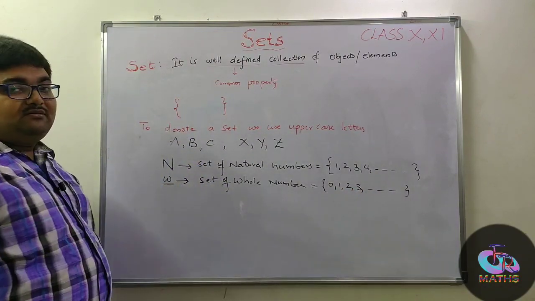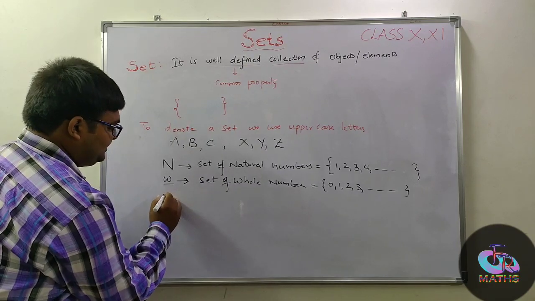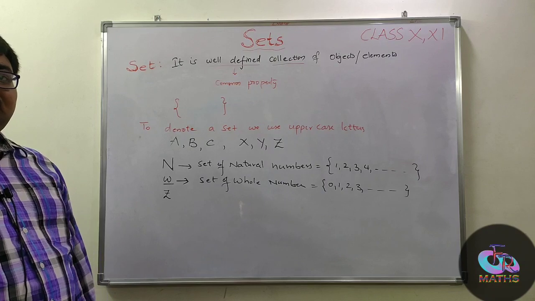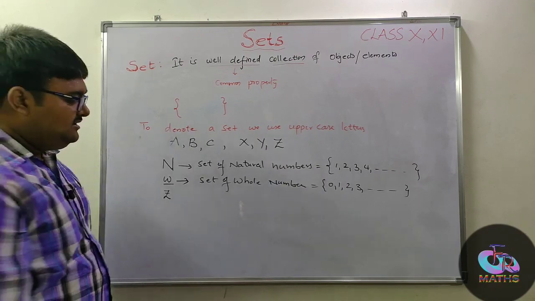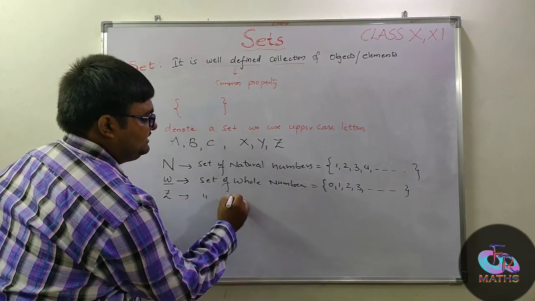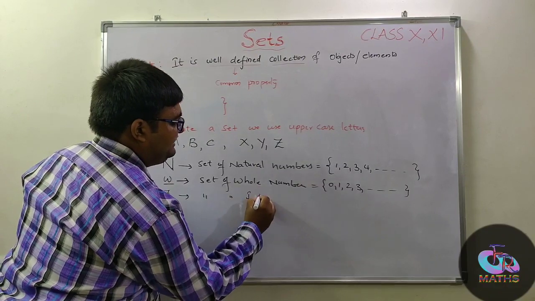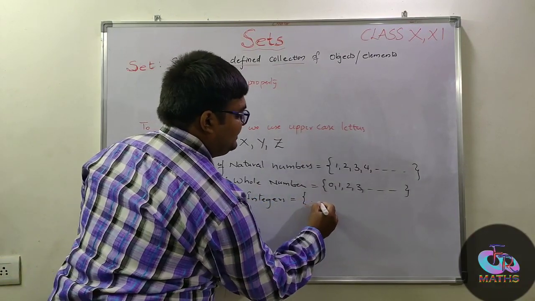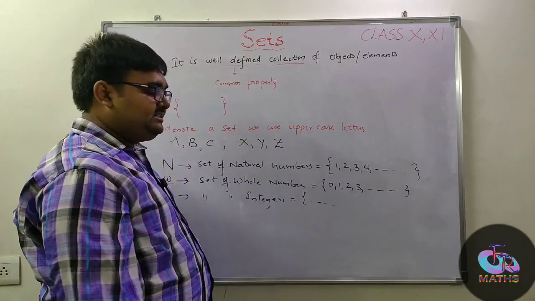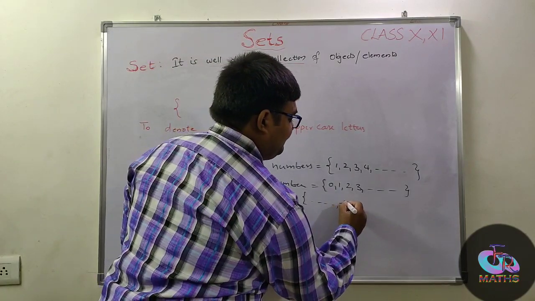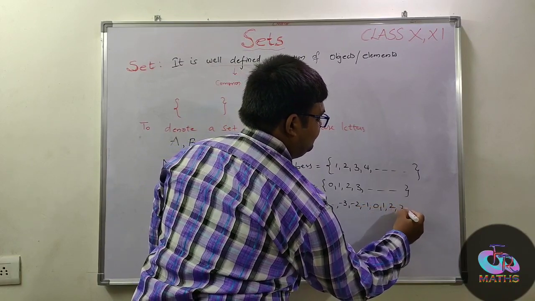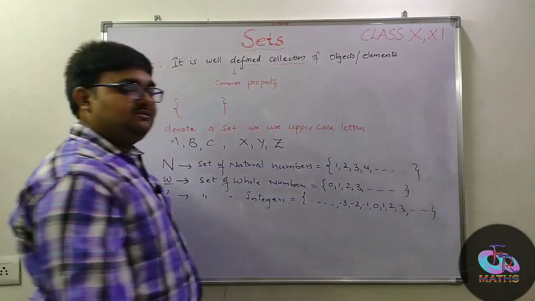Next, after whole numbers you have learnt about integers. The integer set is represented with capital Z. In integers we have negative integers till minus infinity: minus 3, minus 2, minus 1, 0, 1, 2, 3 and so on.